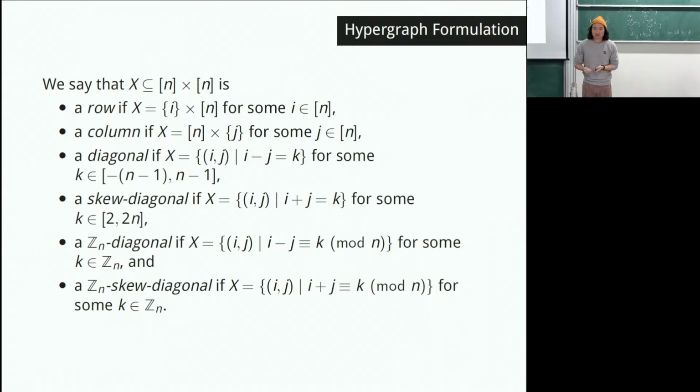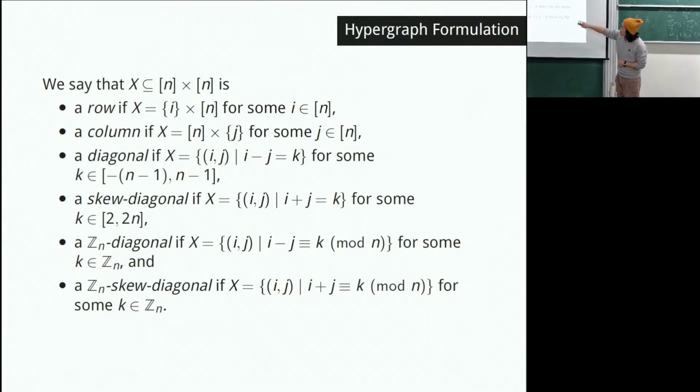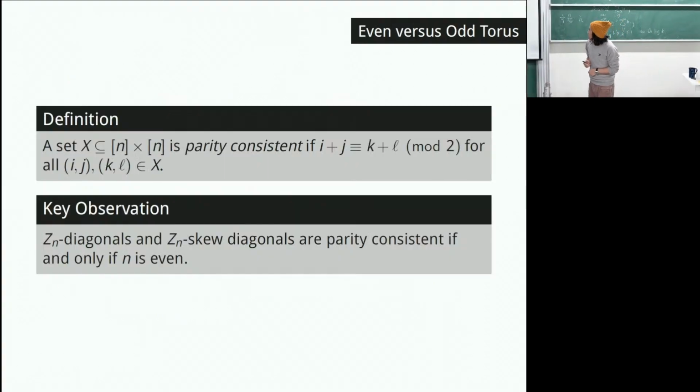The same number of vertices get colored red and blue, and no hyperedge should have both a red and a blue vertex. That's one way to say it using hypergraphs. For the torus, you would use rows, columns, Z_n diagonals, and Z_n skew diagonals as your hyperedges. This is a useful formulation.